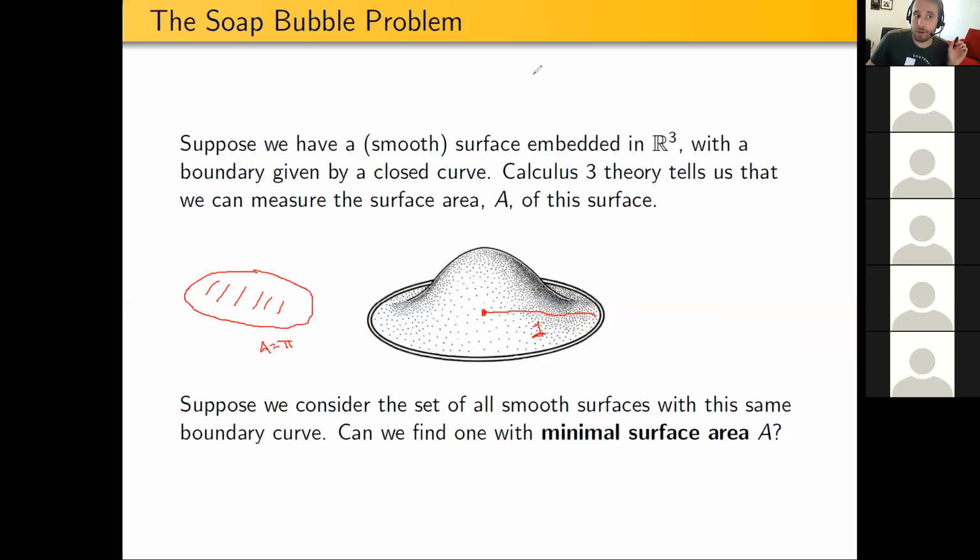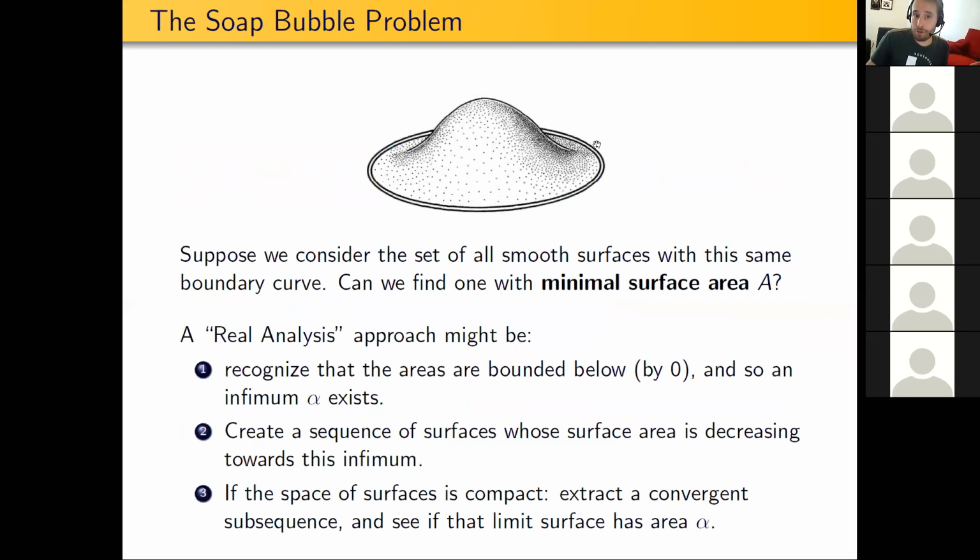It turns out that's the correct assumption, and it turns out to be true, but it's very, very hard to explicitly show that. So here is a real analysis approach that we could make. A real analysis approach would be to recognize that the areas are bounded below. Every single surface has a measurable surface area, and the set of all surface areas, if we look at all of those different real numbers, they're bounded below by 0.